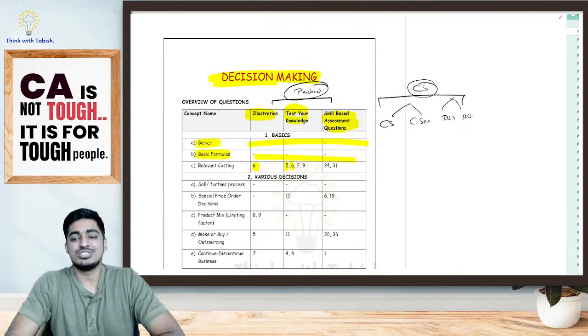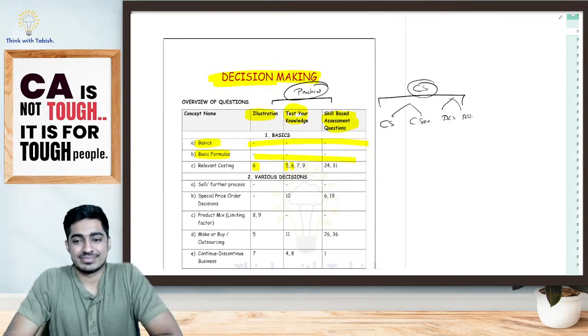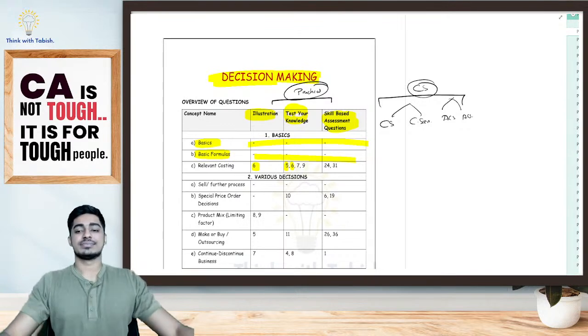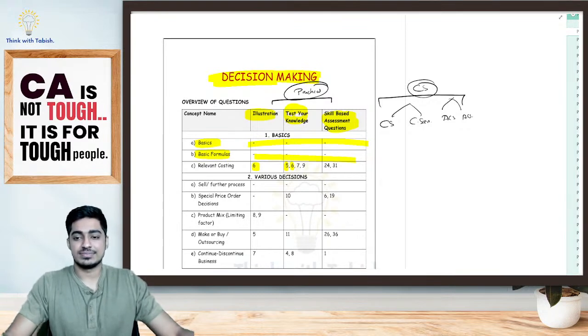Yes, all the students, should we continue? Yes, everybody is back. Other students, do let us know in the comment section.